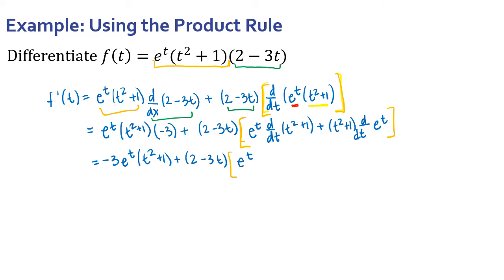So the derivative of t squared is 2t. The derivative of 1 is just 0. So the derivative of t squared plus 1 is just 2t. And then over here, the derivative of e to the t is just e to the t.